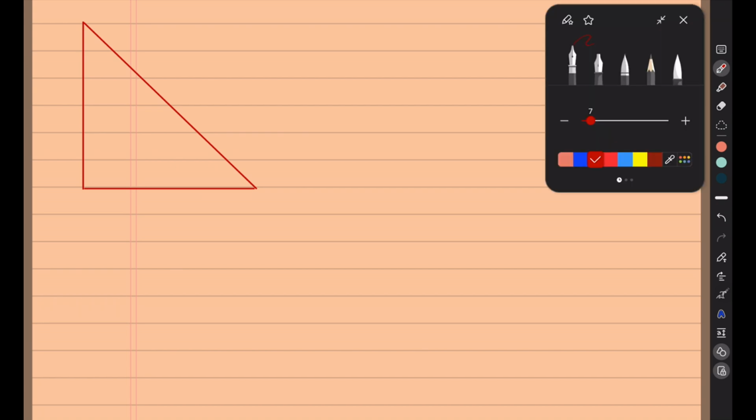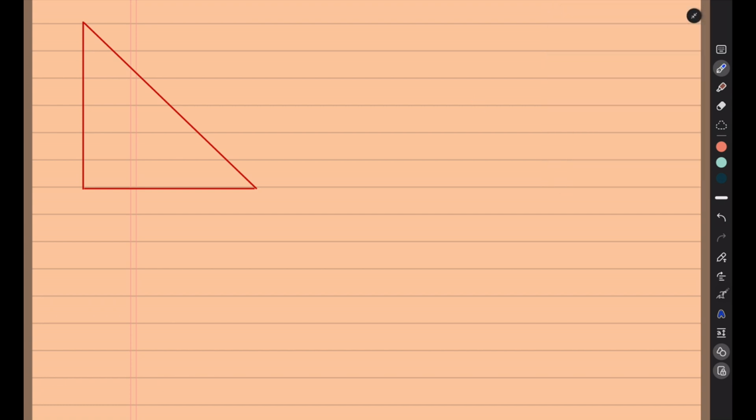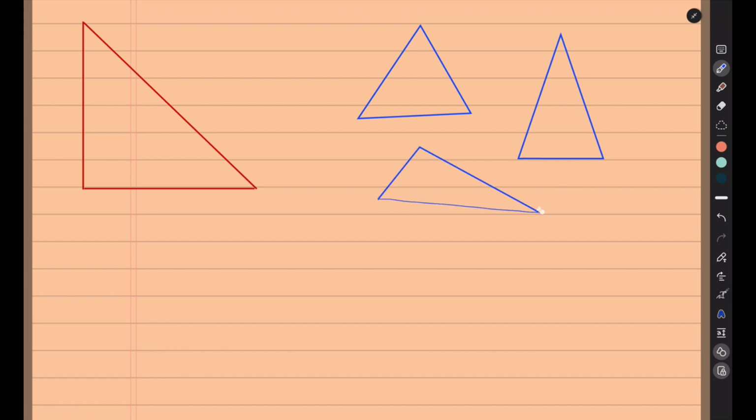First of all, you know that trigonometry has to do something about triangles, isn't it? And then there are various kinds of triangles. For example, there's an equilateral triangle, there's isosceles triangle, and then there are some triangles which are scalene.